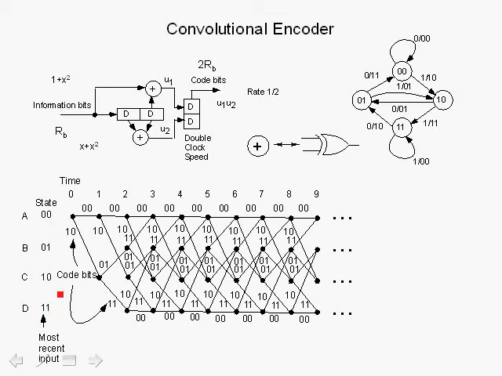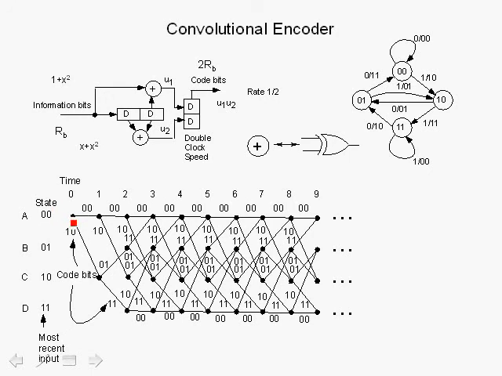We have 4 states, of course. Here we show that the most recent input is shown by the bit to the left. Usually in convolutional encoders, we always start out at state 0, and we typically end at state 0 too. We'll talk about that later.